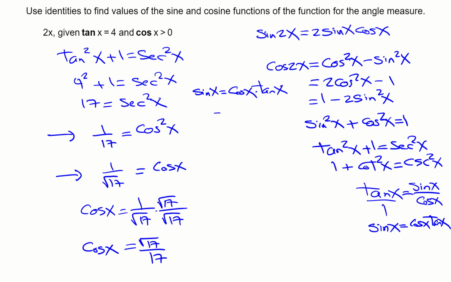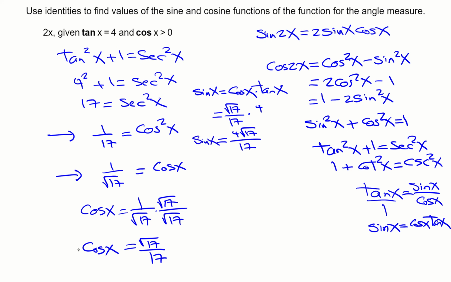So we end up with cosine x, which is square root of 17 over 17, times the tangent x, which is 4. So we end up with 4 square root of 17 over 17.